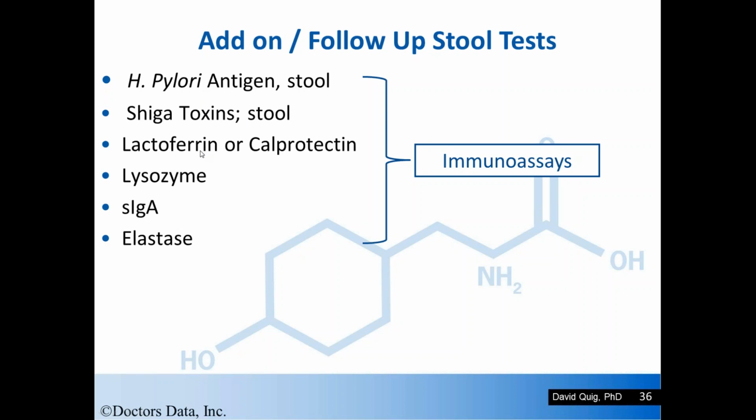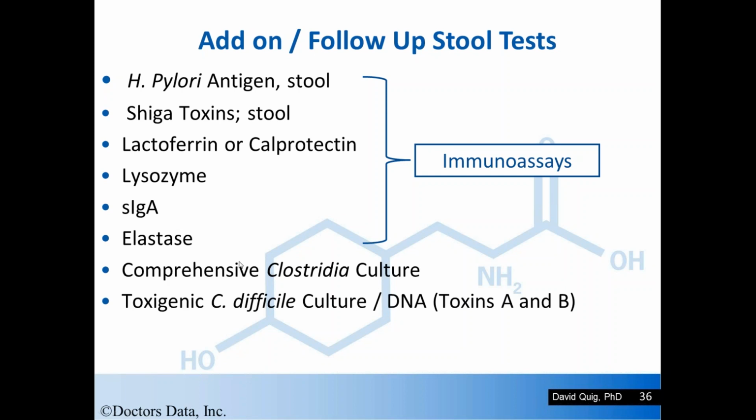You can follow up an initial elevated lactoferrin or calprotectin; again, with 2 elevated results, patients should be referred to endoscopy. Lysozyme and secretory IgA to follow up your treatment intervention to see if you were able to bring that first line of defense back up. And also the digestive enzyme indicator elastase.